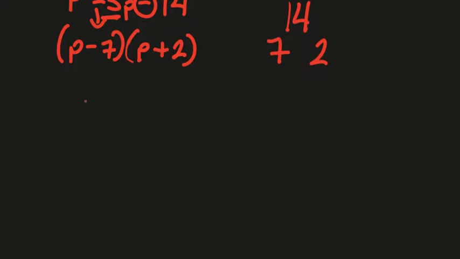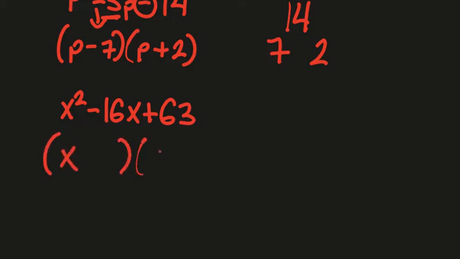The next quadratic equation we're going to work on is x squared minus 16x plus 63. We're going to break this down into two separate binomials. We're going to drop the first sign, ask ourselves negative times what is positive?